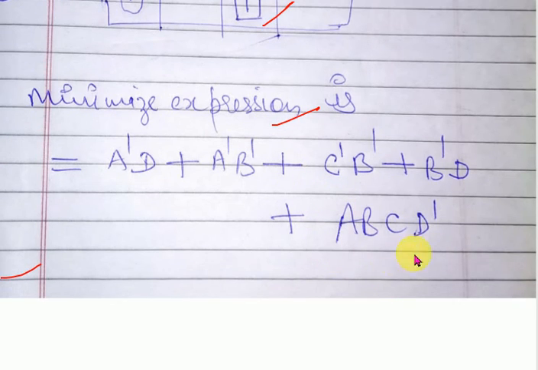So A B C D dash. This is the final minimized expression, the minimal expression. This is the representation or discussion of another form of Karnaugh map example. Thank you.